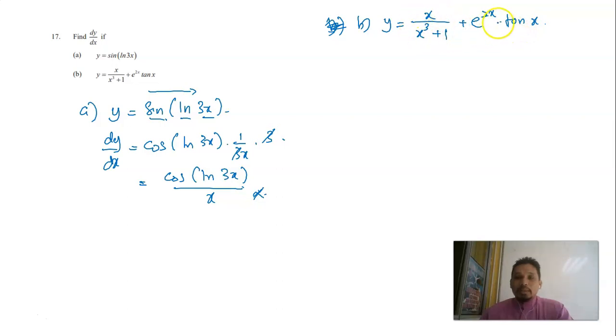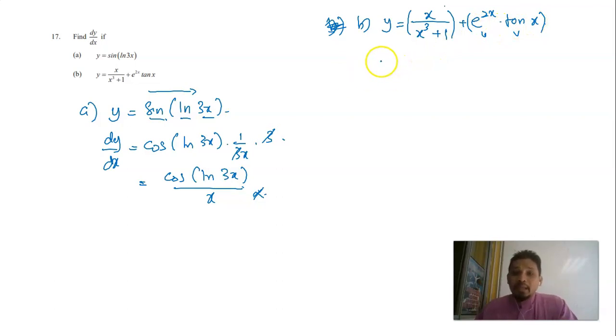For this one, it is actually a fraction. So we define this as u and v. The derivative of this, we come up with u prime v minus u v prime divided by v squared. And for this one, between u and v, using the product rule, we come up with u prime v plus u v prime.